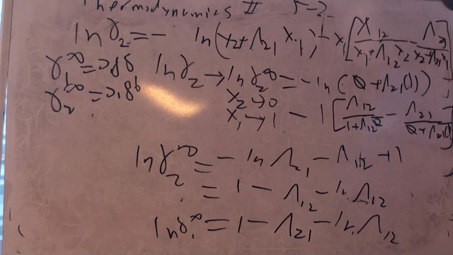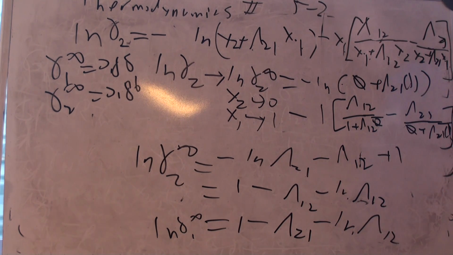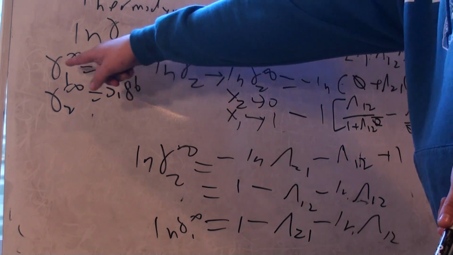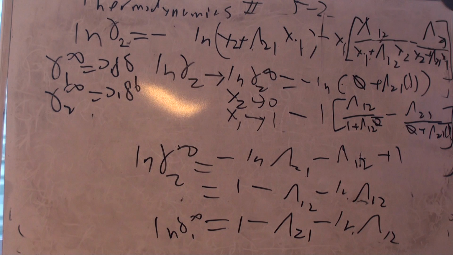So I have to use something like solver or some iterative method. I'm not going to do that. What you need to do is set this up in solver so that this one will equal the natural log of that, and this one will equal the natural log of that, and figure out what lambda 1, 2, and lambda 2, 1 would need to be to make those equations satisfied.